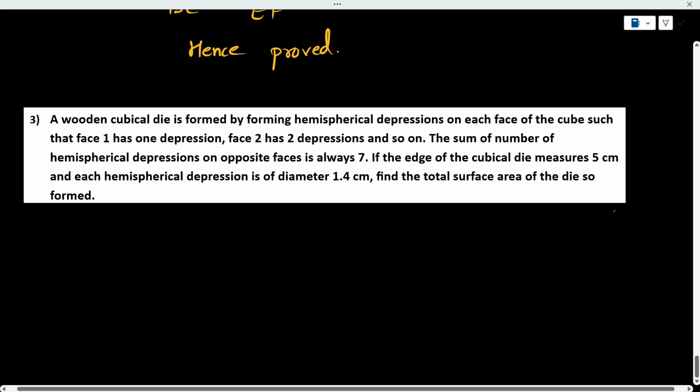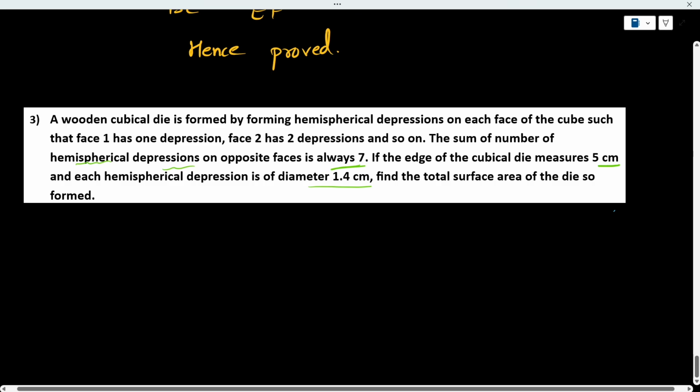That means you are scooping out hemispherical shapes from that cube, right? And so on. The sum of the number of hemispherical depressions on opposite faces is always equal to 7. If the edge of the cubical die measures 5 centimeter and each hemispherical depression has diameter 1.4 centimeter, find out the total surface area of the die so formed, right?